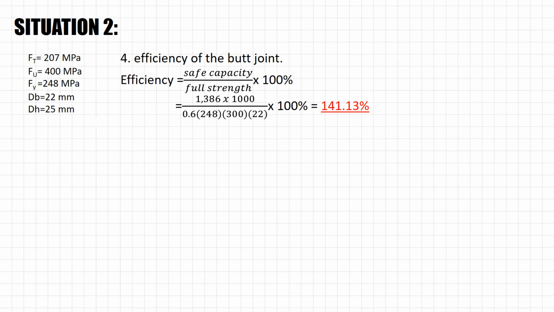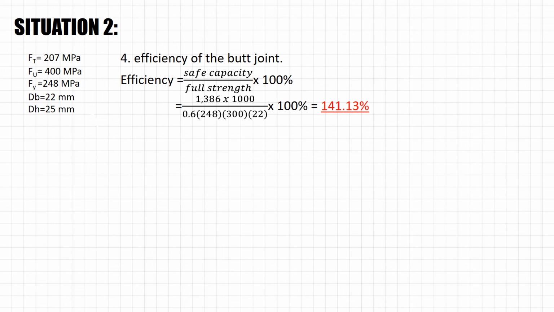And last, number 4, efficiency of the butt joint. So efficiency is equals to safe capacity over full strength multiply by 100%. So yung safe capacity natin ngayon ay nakuha natin na sa failure number 3, which is yung 1,386. Tapos yung full strength, ang formula sa kanya is 0.6 Fy multiply by area gross. So yung area na to is yung area ng plate, which is 300 by 22.